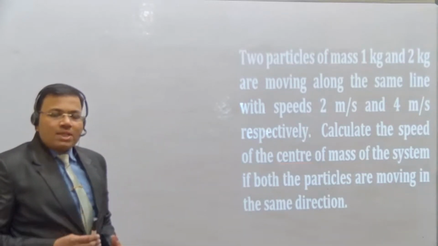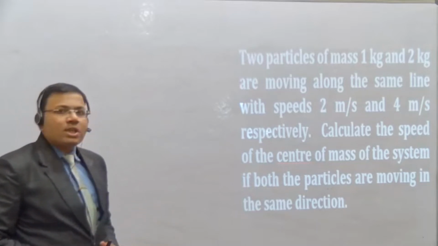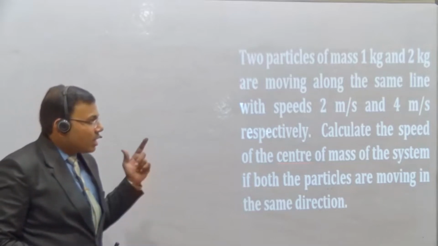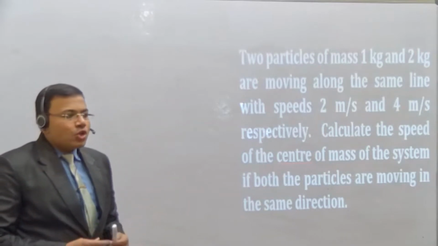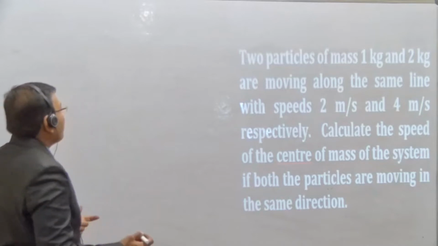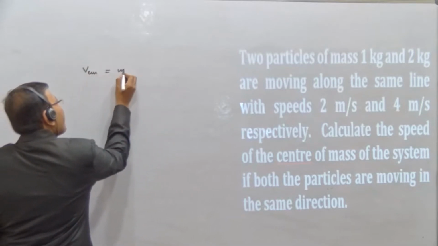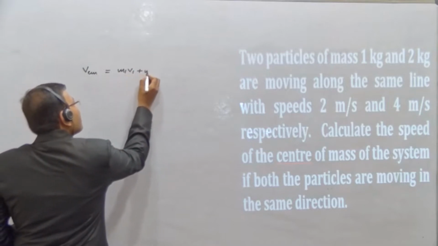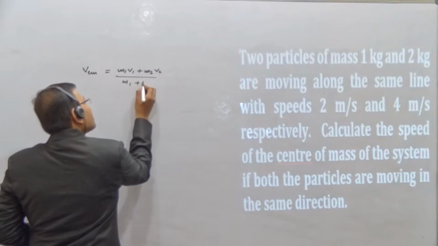So here the masses are given, velocities are given, and we need to calculate the velocity of the center of mass, but the condition here is the two particles are moving in the same direction. So I think you got the concept what we need to use here. So velocity of the center of mass is equals to m1 v1 plus m2 v2 by m1 plus m2.